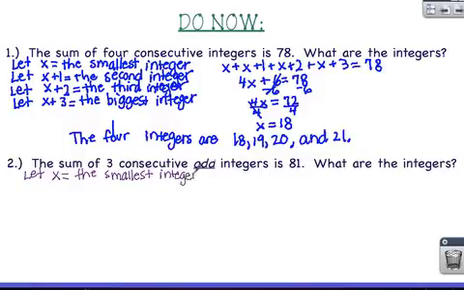But if I were to take x, our smallest integer, and add 1, then we would be going from an odd number to an even number. Instead, we have to skip over the even number, so we're going to be adding 2. So x plus 2 would be the next consecutive odd integer.